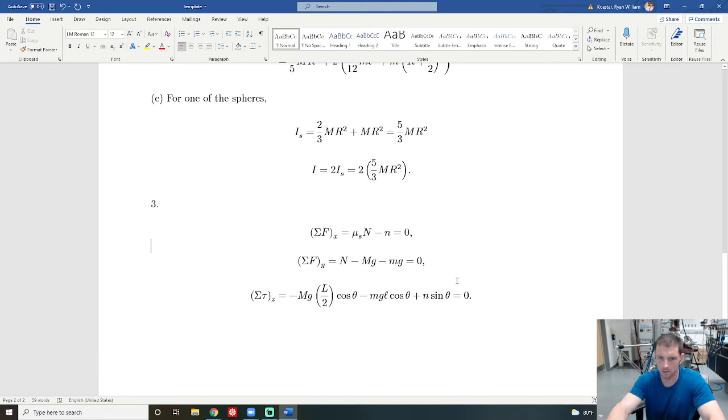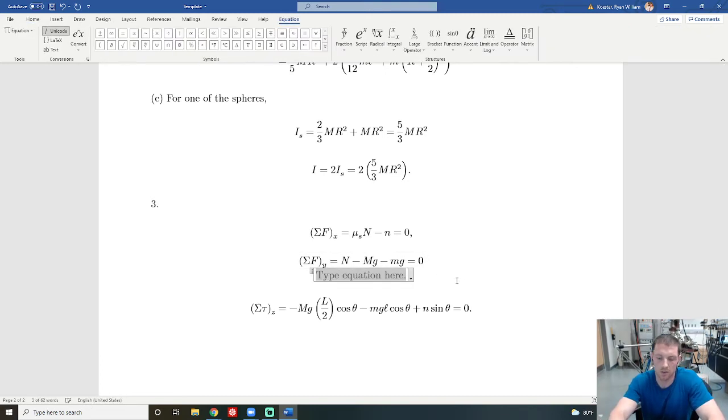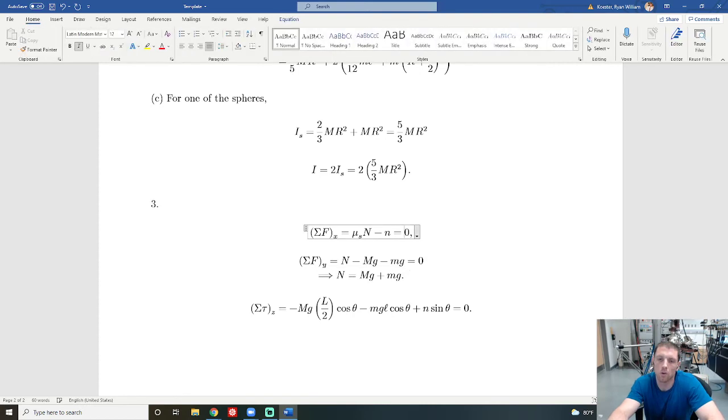All right, let's do this then. Let's do the algebra. So from the second equation here, right, we see that this big normal force, this is one of the easier ones to solve for, should just be big mg plus little mg, right? So that's cool.